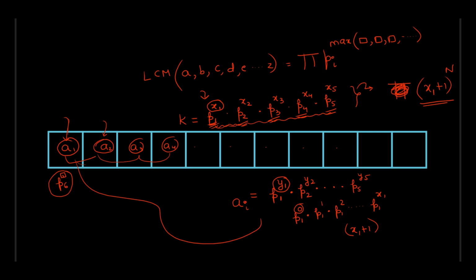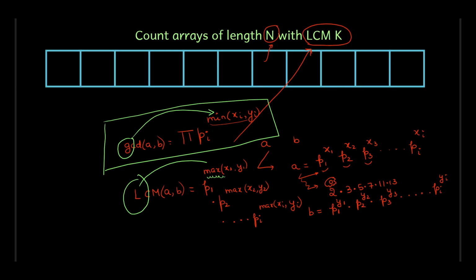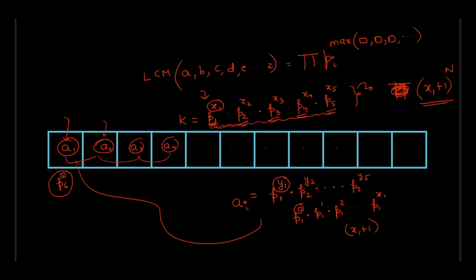But there is some corner case that we are missing. Remember that I told you that LCM is the maximum of all these, right? And we said that if it is maximum, then everyone needs to be less than or equal to the maximum. But what if nobody achieves the maximum? Suppose the LCM is supposed to be P1 to the power 4, and when you were applying the choices, you said that the first element can be p1 to the power 2, the second element is p1 to the power 3, and the third element is p1 to the power 0.